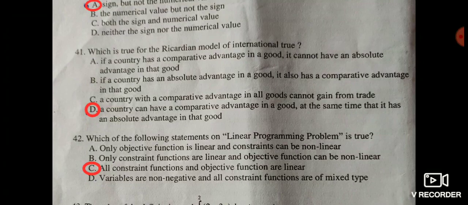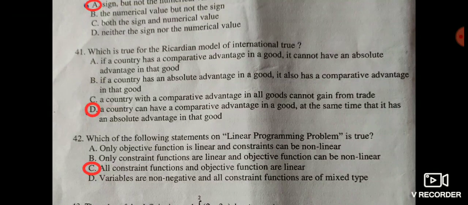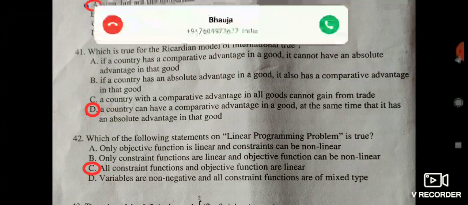Which is true for the Ricardian model of international trade? Here it is given: if a country has a comparative advantage in a good, it cannot have an absolute advantage in that good. If a country has an absolute advantage in a good, it also has a comparative advantage in that good. A country with a comparative advantage in all goods cannot gain from trade.